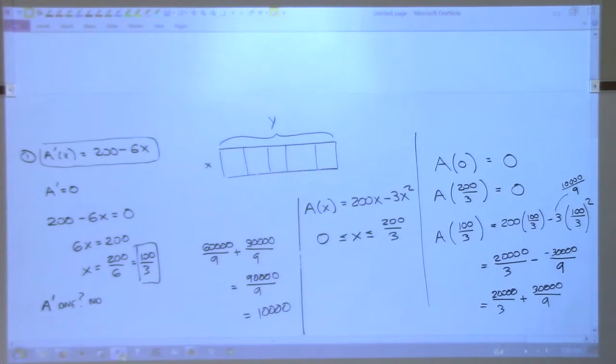Did anyone do it on a calculator and get 10,000? No? What? 10,000 over 3. Yeah, I got 10,000. What did I do? 100 over 3 squared, and then times negative 3.